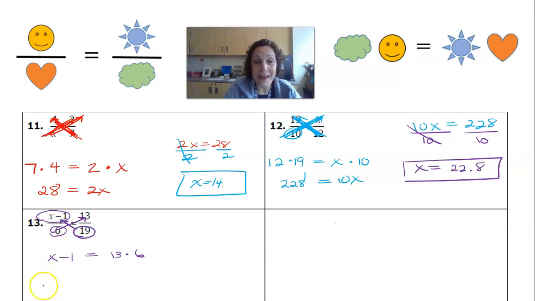So in order to make that happen, I can't just write times 19 here. Because if I do that, I'm only multiplying the 19 by the x, and I'm ignoring the 1. Order of operations would tell us here to do the multiplication first, and then I can't do that. So when I multiply my 19 up to this x minus 1, you have to put your x minus 1 in parentheses.